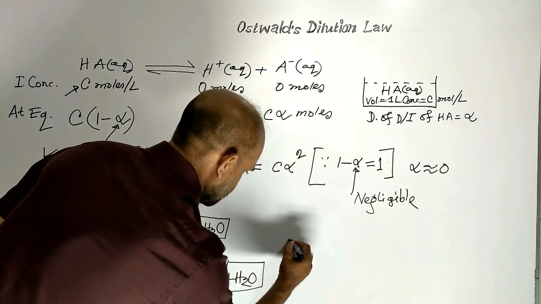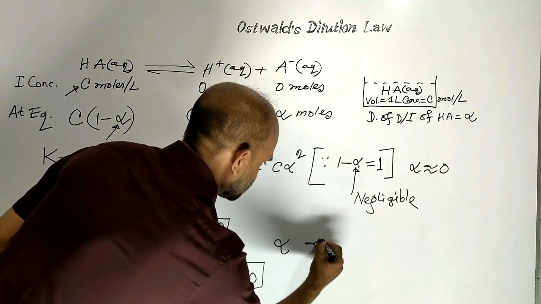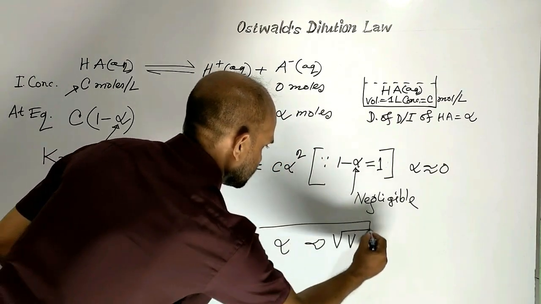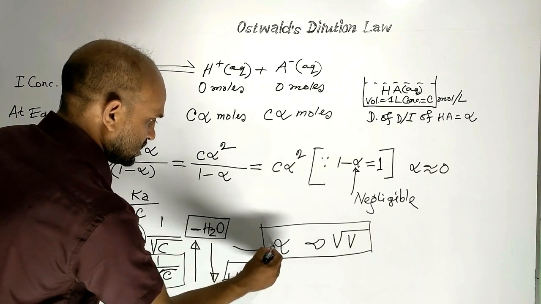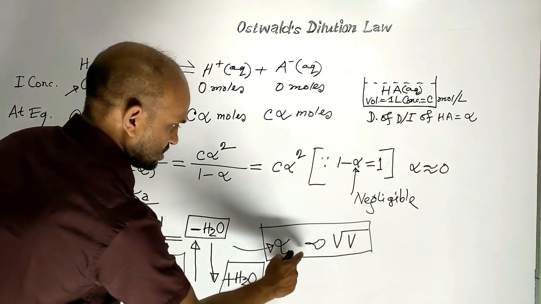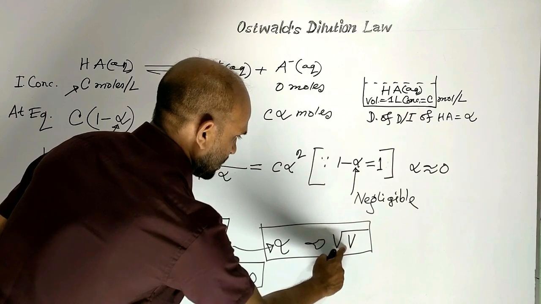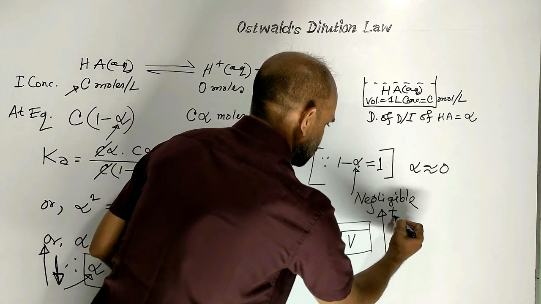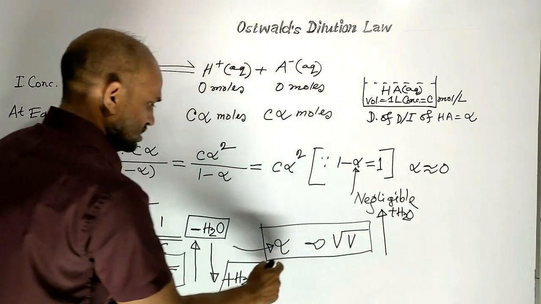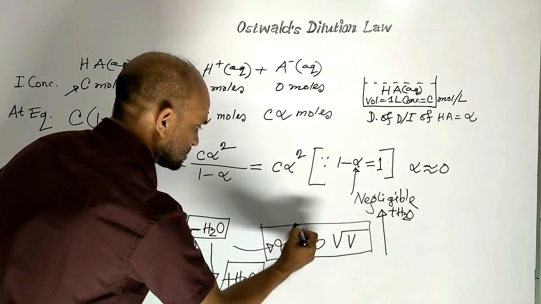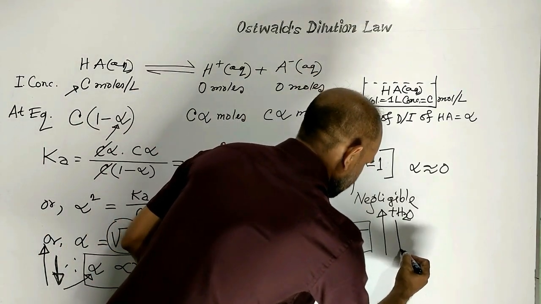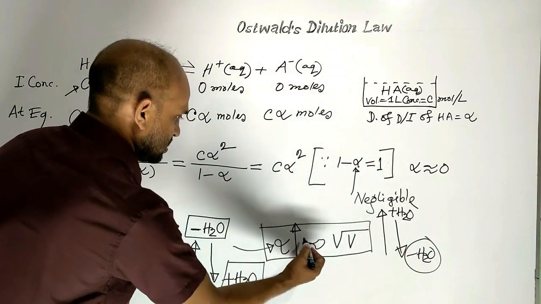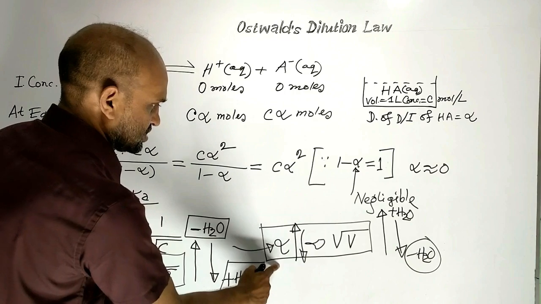Or we can write that the degree of dissociation is directly proportional to the square root of the volume. That is, when volume increases with the addition of water, degree of dissociation increases. When volume decreases with the removal of water, degree of dissociation decreases.